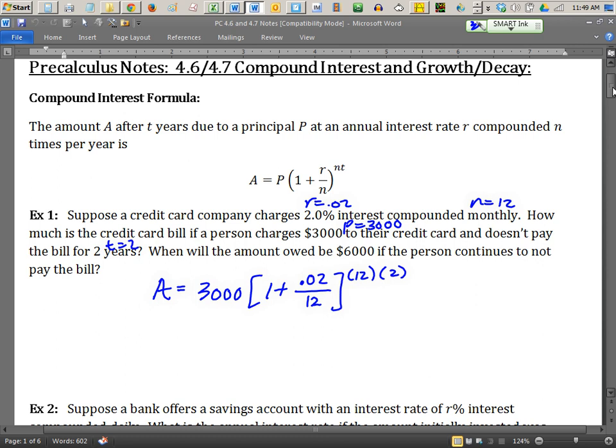When it comes to typing the 12 times 2, just type the number 24. Because you want to make sure you don't confuse the calculator. You want the 2 and the 12 up in the power, so just type 24. Might be the safest thing to do.